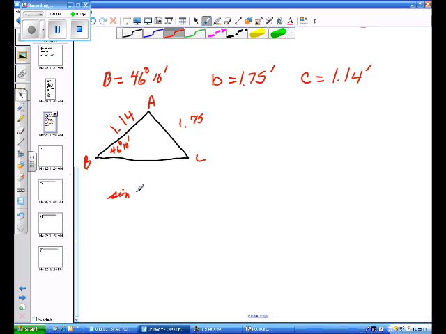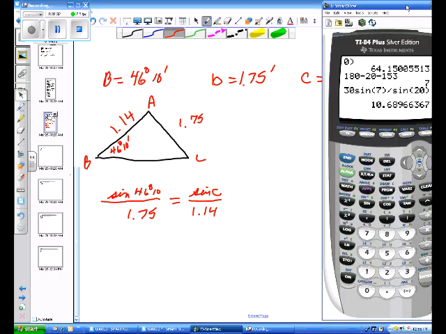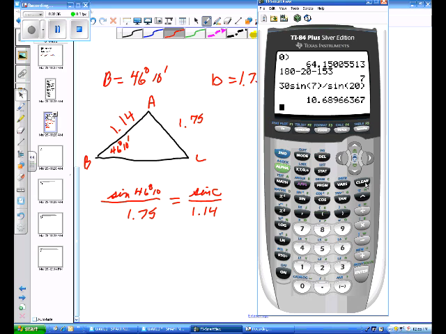The sine of 46 degrees, 10 minutes, is to 1.75 as the sine of C is to 1.14. Okay. And again, I'm going to try to remember to do my second sine. If I don't, then at the end I can do second sine, second answer.